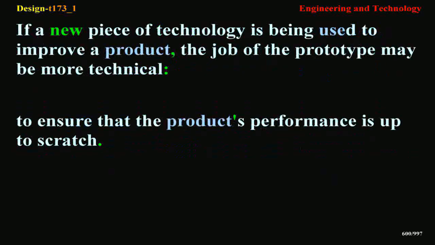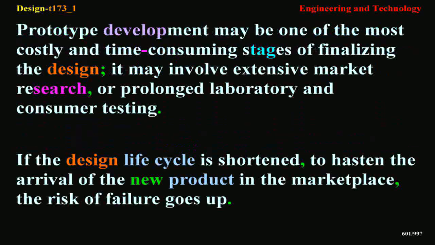If a new piece of technology is being used to improve a product, the job of the prototype may be more technical, to ensure that the product's performance is up to scratch. Prototype development may be one of the most costly and time-consuming stages of finalizing the design. It may involve extensive market research, or prolonged laboratory and consumer testing.